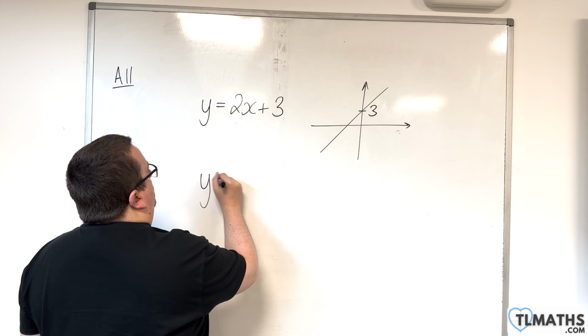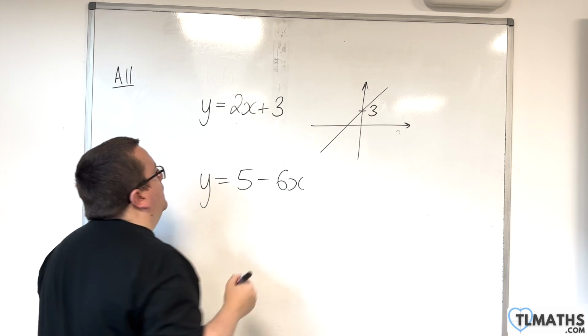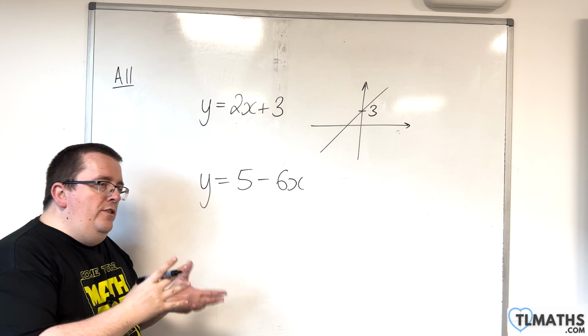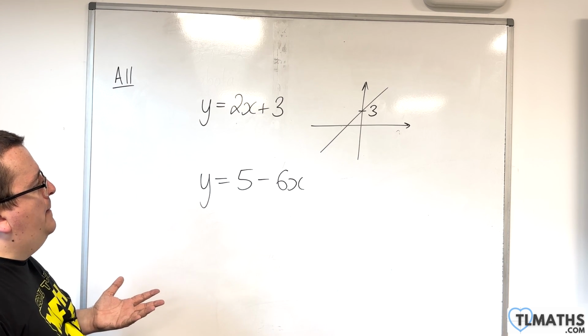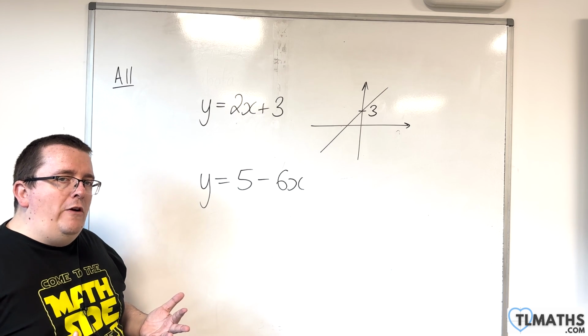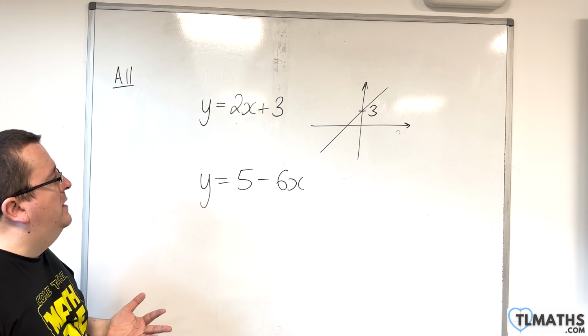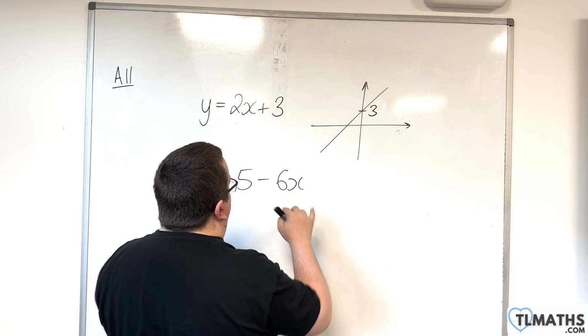If it was y equals 5 take away 6x, then it's not in the form y equals mx plus c, but I should still be able to identify where it's crossing the y-axis, because remember, you could just reorder those two terms.